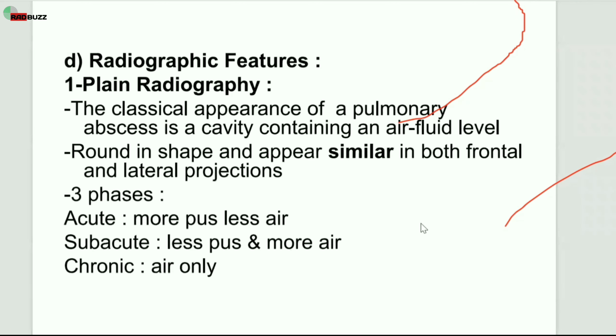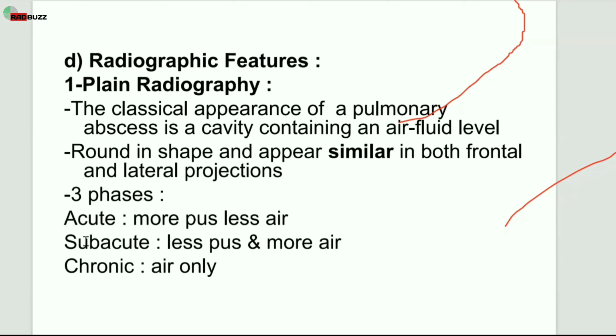If it is intrapulmonary, abscess is the first possible differential. Any lesion with an air fluid level within the lung, abscess is the first thing you should think of. Then they will be round in shape, similar in both frontal and lateral projections. So whenever we do a lateral or frontal X-ray, their shape will remain the same, and the air fluid level will go in the same direction.